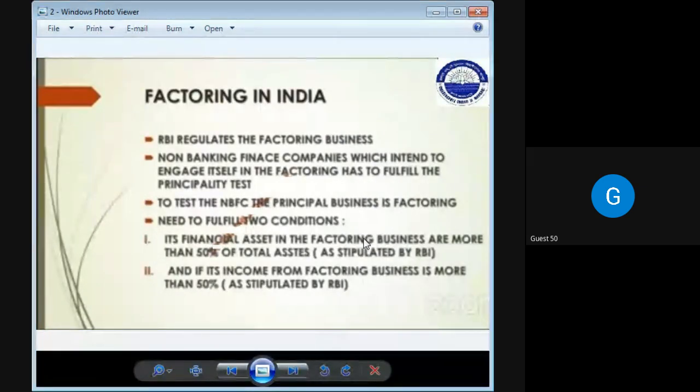An NBFC which intends to engage itself in factoring has to fulfill the principal business test. To qualify, the NBFC's principal business is factoring, and they need to follow two conditions. First, its financial assets in the factoring business are more than 50% of the total assets, and its income from the factoring business is more than 50%. Then it can work as a non-banking financial company factor.